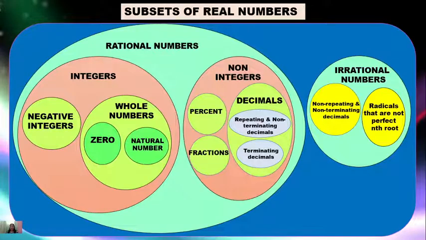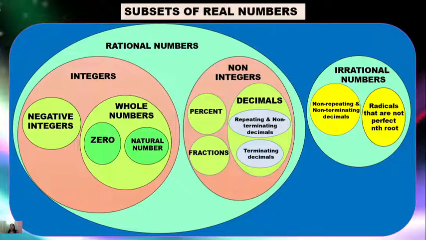If you still remember our previous lesson about rational numbers that are radicals, example is square root of 4. That is rational because the principal root is exactly 2. But if the principal root is not exact, there is a remainder, just like square root of 5, then that is what we call irrational number.